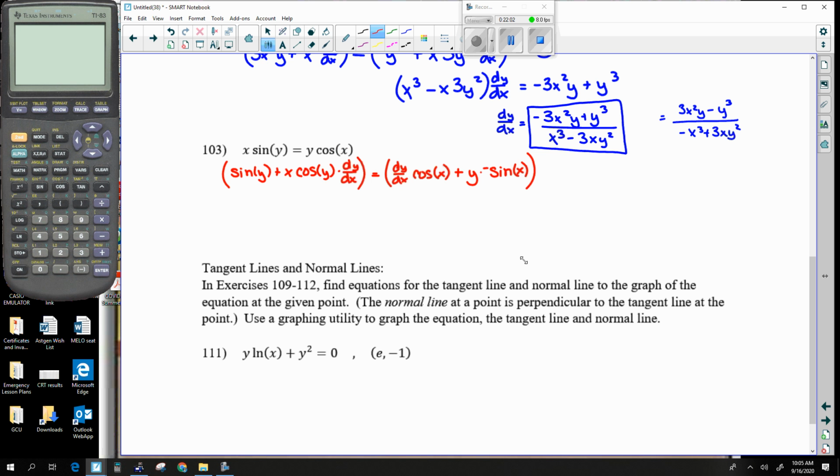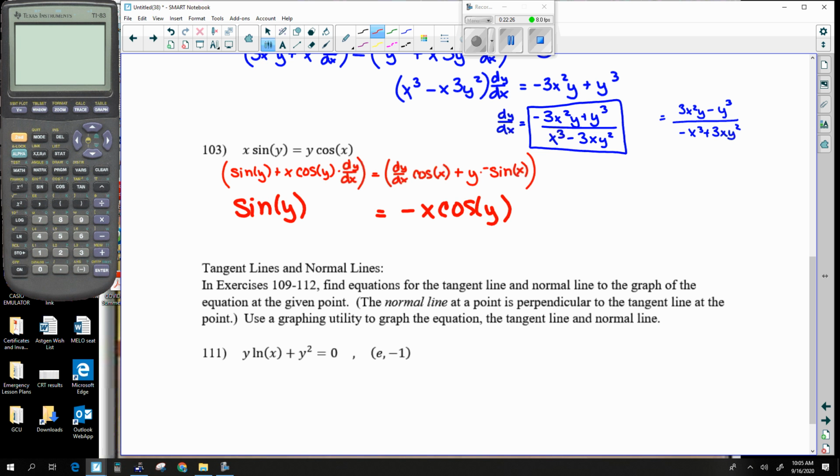Okay, push all the dy dx's to one side, everything else to the other. I'm going to get all the dy dx's to the right-hand side. So that would leave a positive sine y over here. This negative x cosine y goes to the right-hand side.